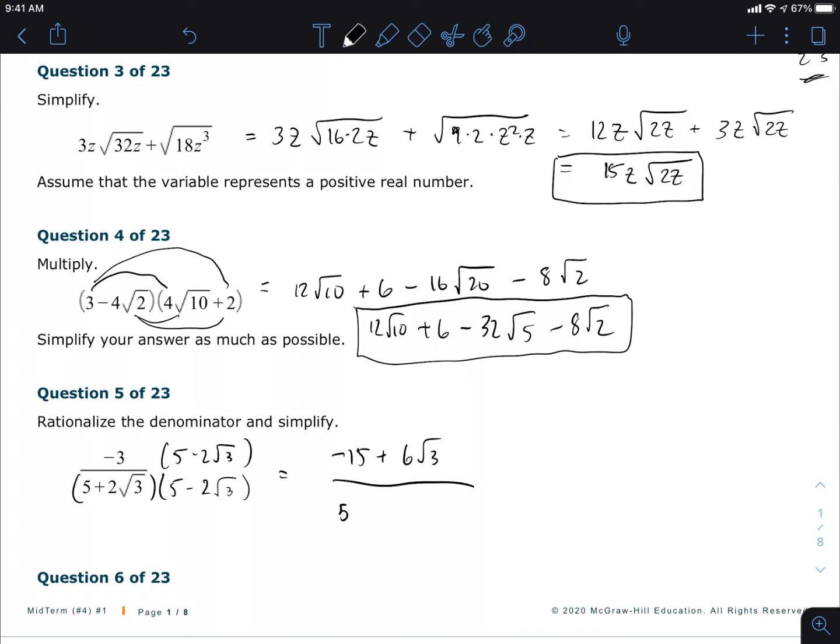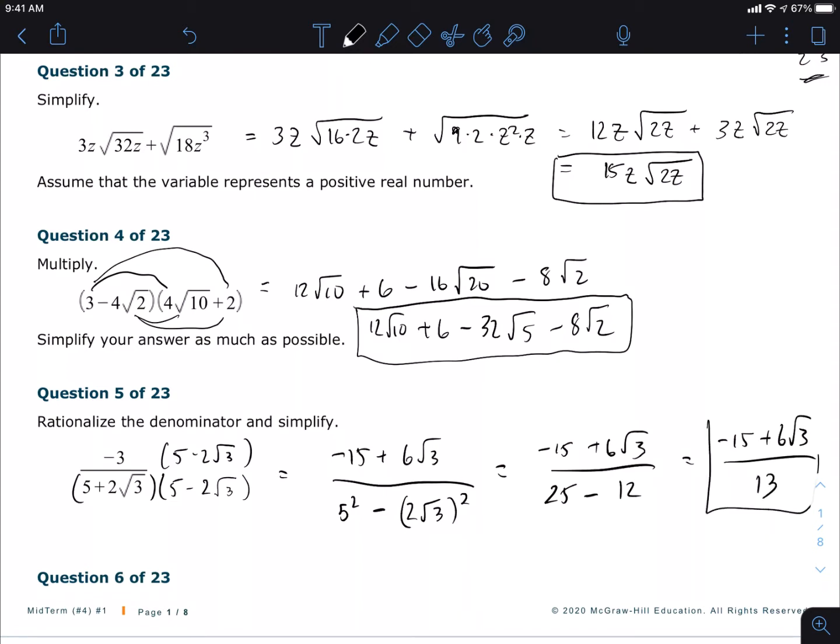So I'm going to get 5 squared minus 2 radical 3 squared. So that's going to give me a negative 15 plus 6 rad 3. I'm going to get 25 minus 4 times 3 is 12. And so I should get 13 in the denominator, and this is my answer.